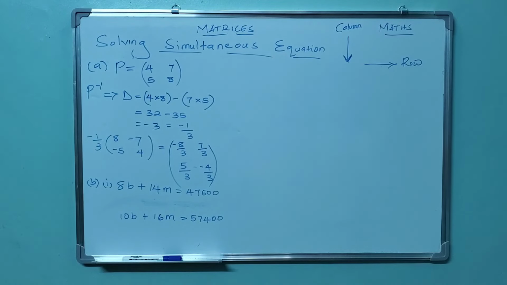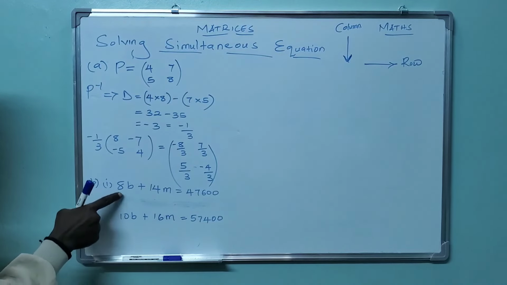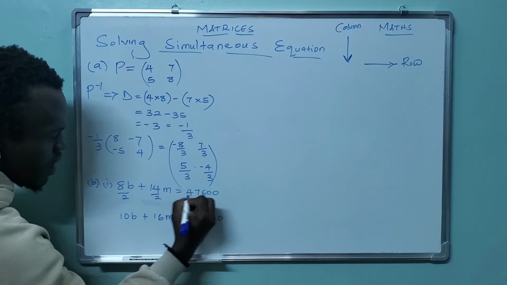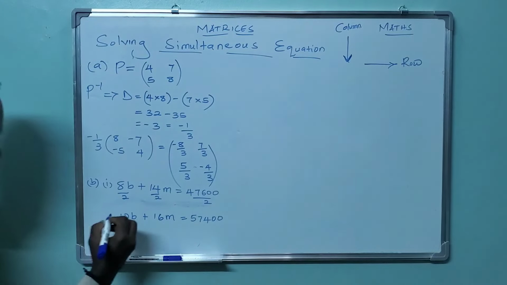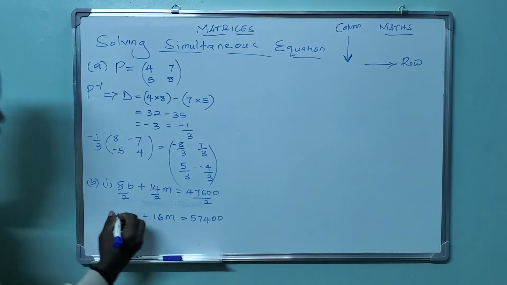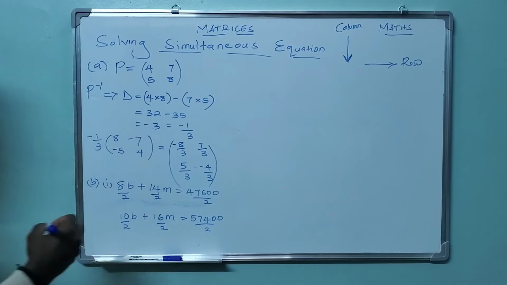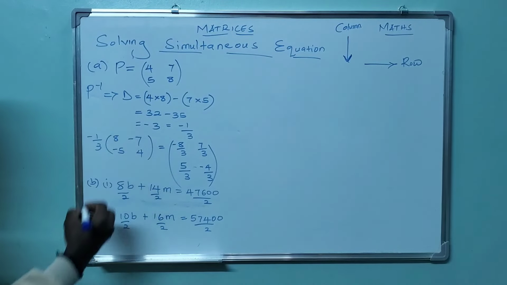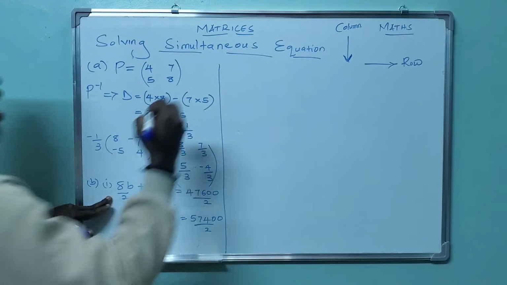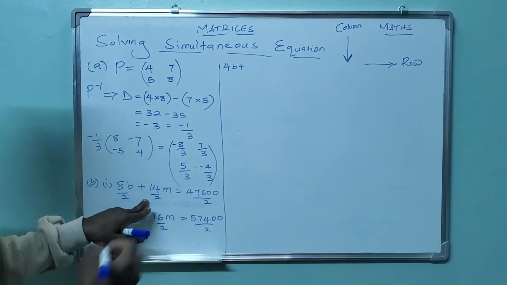Can I simplify that to have here 4 and here 7? Yes, I can divide by 2. So I'm going to divide there by 2, there by 2, and there by 2. And also this one, can I simplify to have here 5 and 8? Yes, also I'm going to divide by 2 throughout. Which means the equations that I'm going to have are 4b plus 7m.